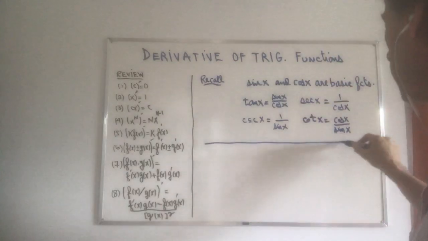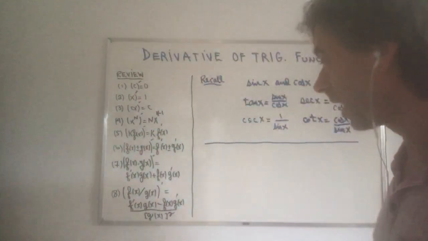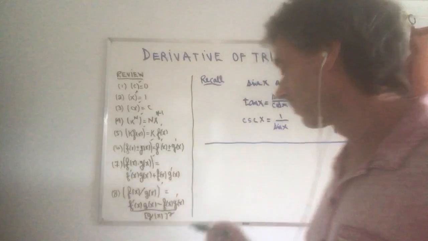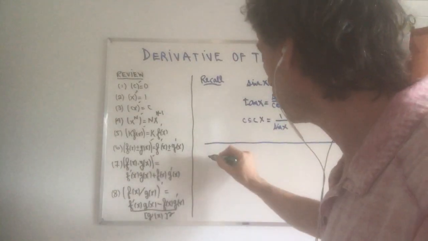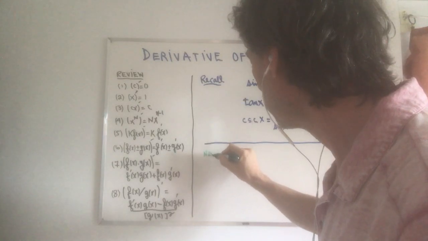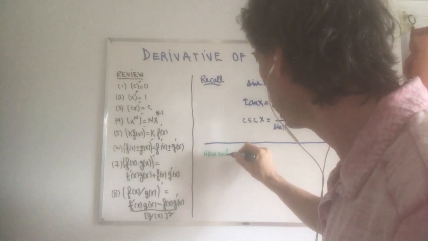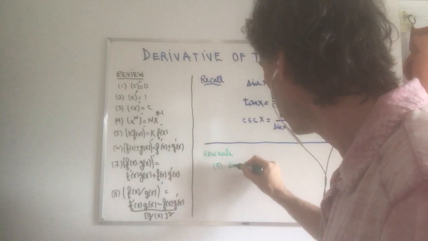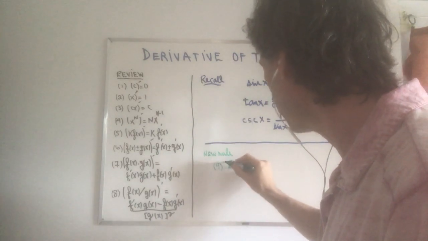And now let me talk to you about what I want to do with you today. I want to add to this list two more. I want to have the derivative of sine x. So new rule number 9, the derivative of sine x.